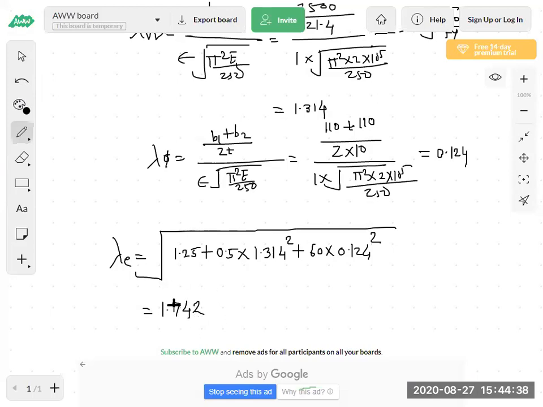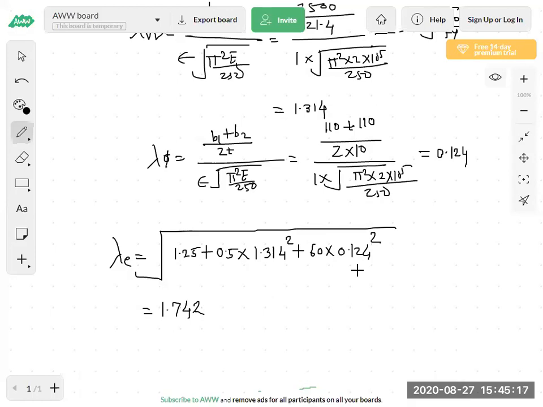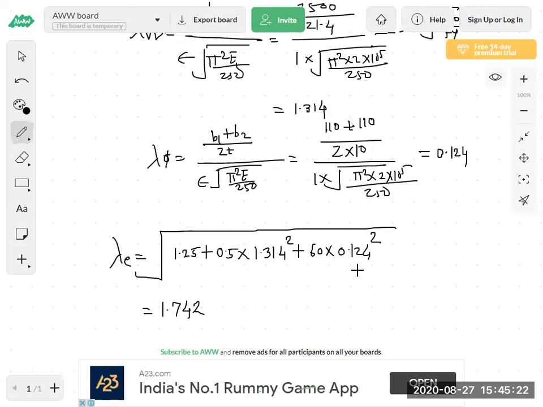So 1.742 is the value. Okay, so we got the lambda e value.